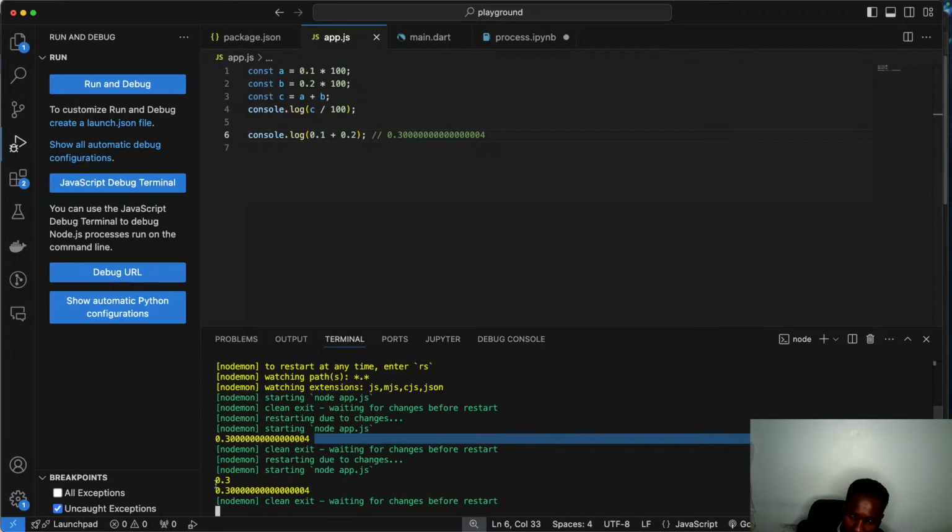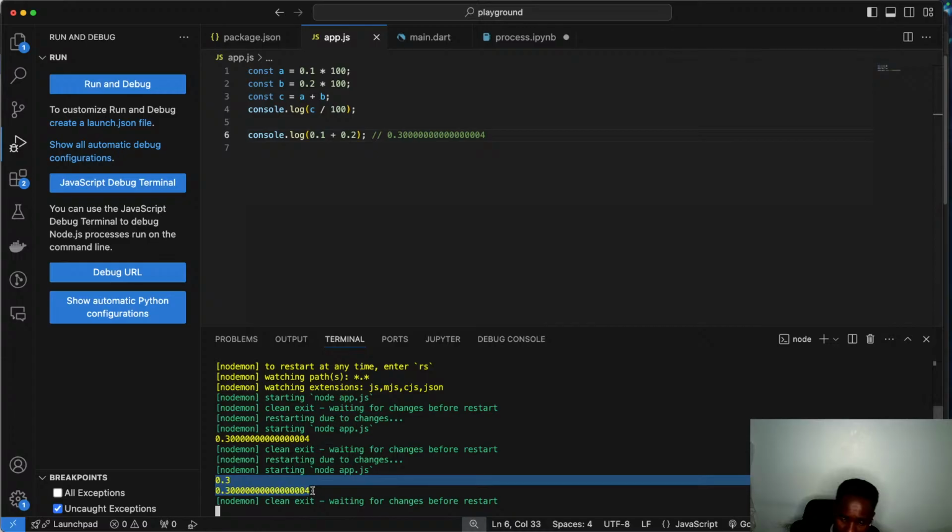Now you can see the difference: here we have the perfect answer, and here we have the other error.